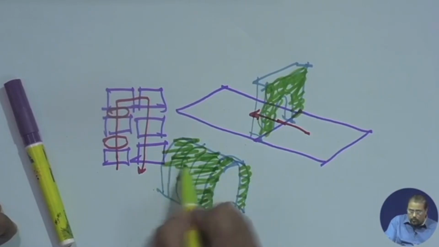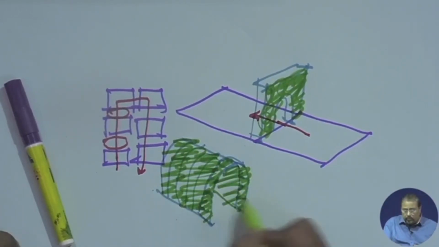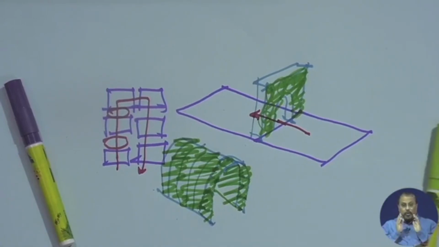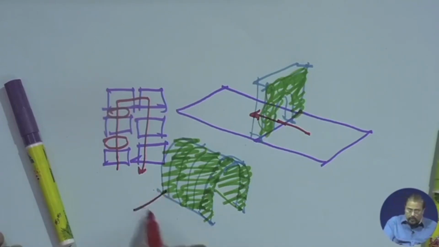I'm trying to draw very fast so that I can do justice with my time. It means you are passing through an arcade which is made of a series of arbors. The depth that is given here is so much.